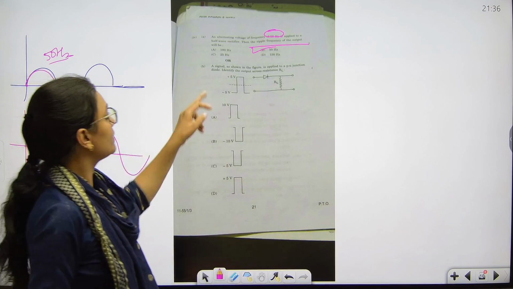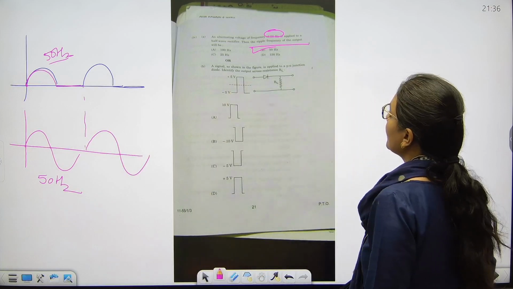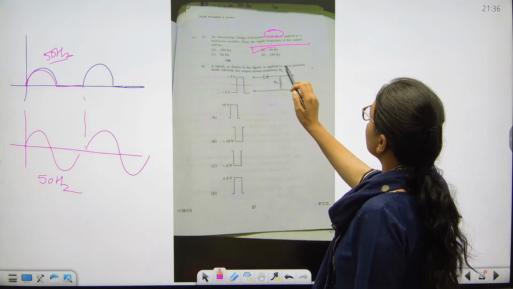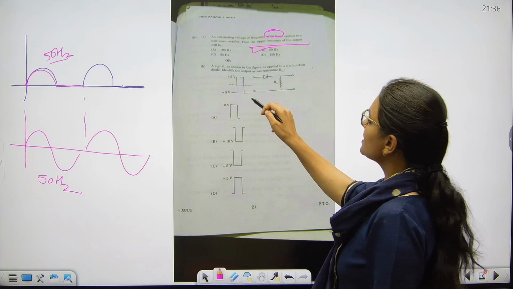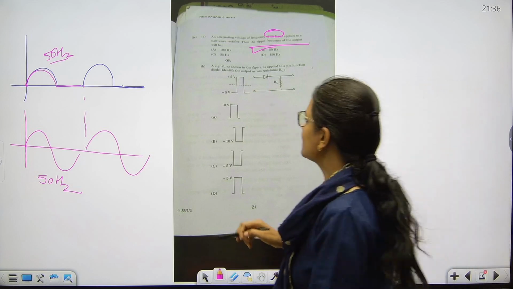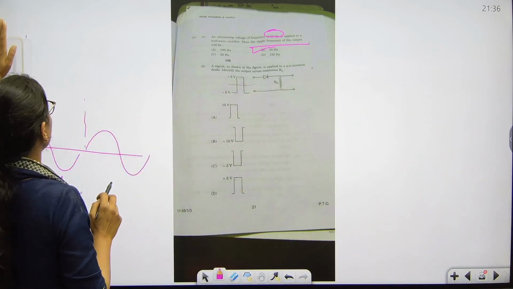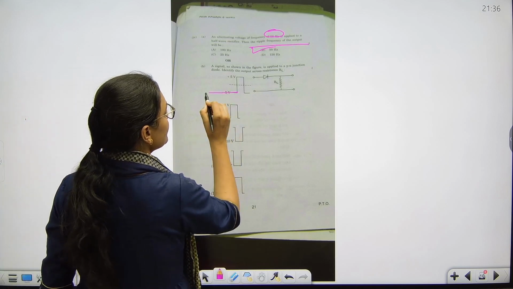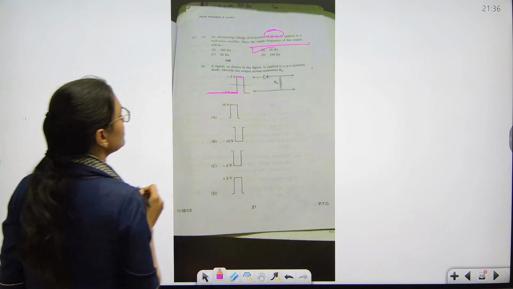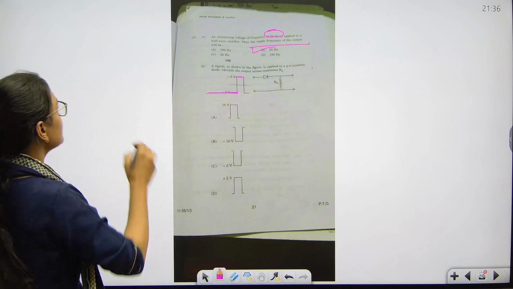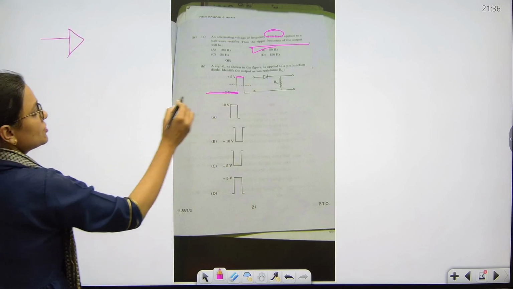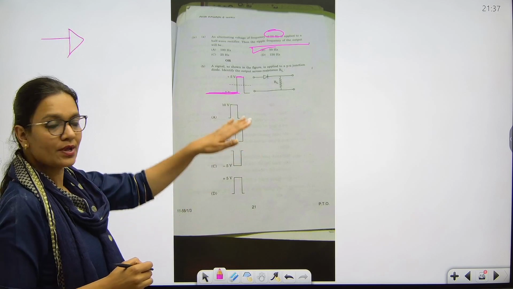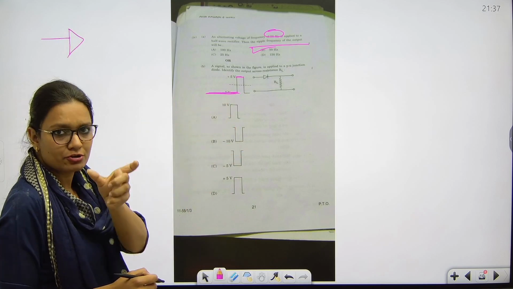Then the next one, B part. As shown in the figure, this signal is applied to the PN junction diode. Very simple. Just listen, we'll break the signal. How will we break the signal? Earlier we were having -5, then we were having +5 volts. When we have -5 volts, it is a straight line at -5 volts, so you can consider it as a DC for a short duration.